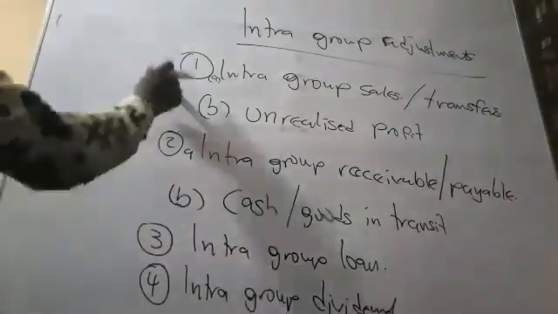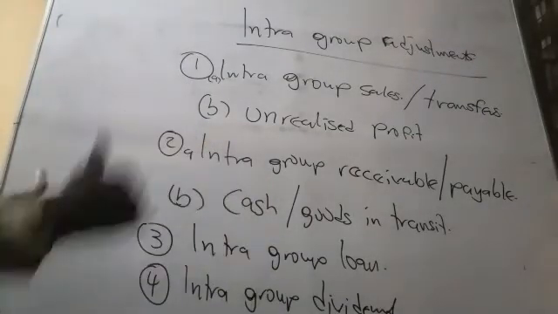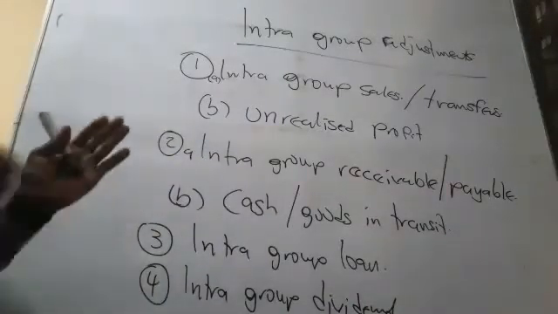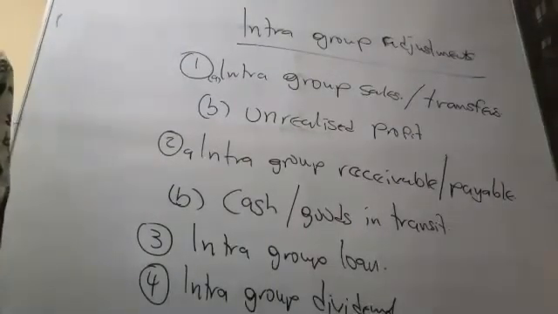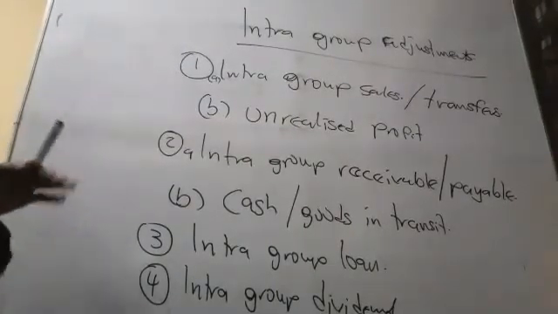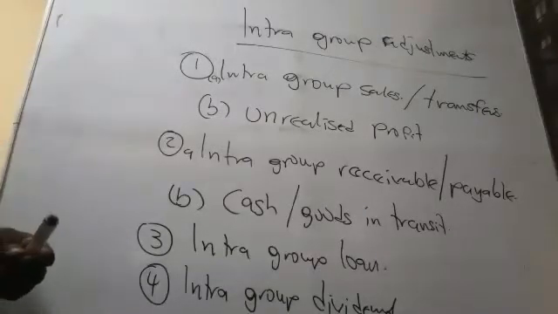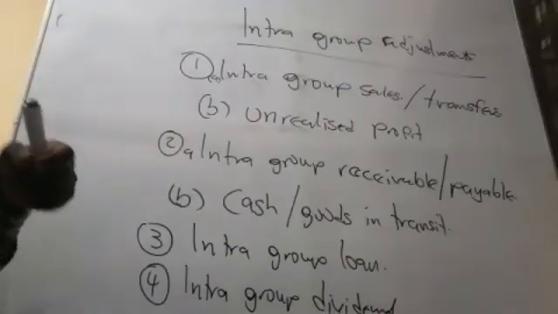This one is between the parent and its members, so parent and subsidiary. When you say intra, it is between the parent and the subsidiary. However, we will look at transactions between investor and investee, the associate.